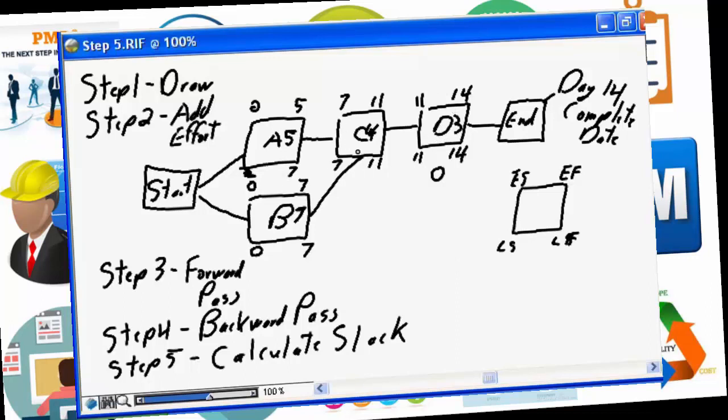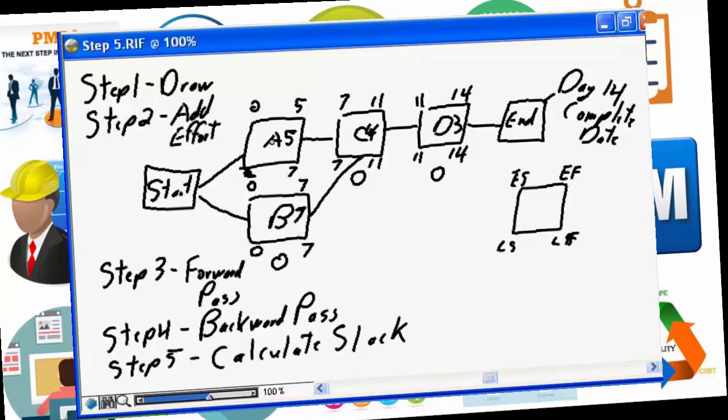If we look at task C, the same is going to apply. Late finish minus early finish is 0, or late start minus early start, again, is going to be 0. If we come down to B, the same is going to apply. 7, 7, 0, 0, our slack is going to be 0.